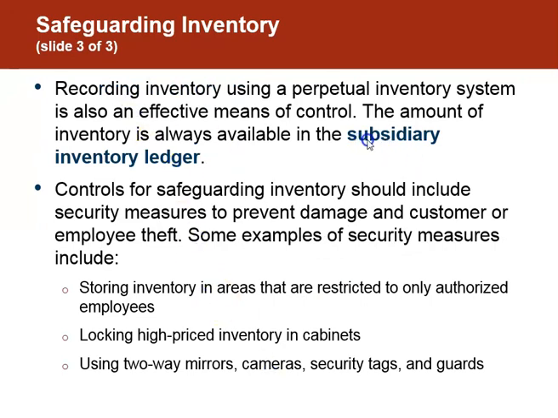I want to talk to you a little bit about this concept of a subsidiary inventory ledger. Now, we talked back in our discussion of accounting for retail businesses that have inventory about two different types of inventory systems.